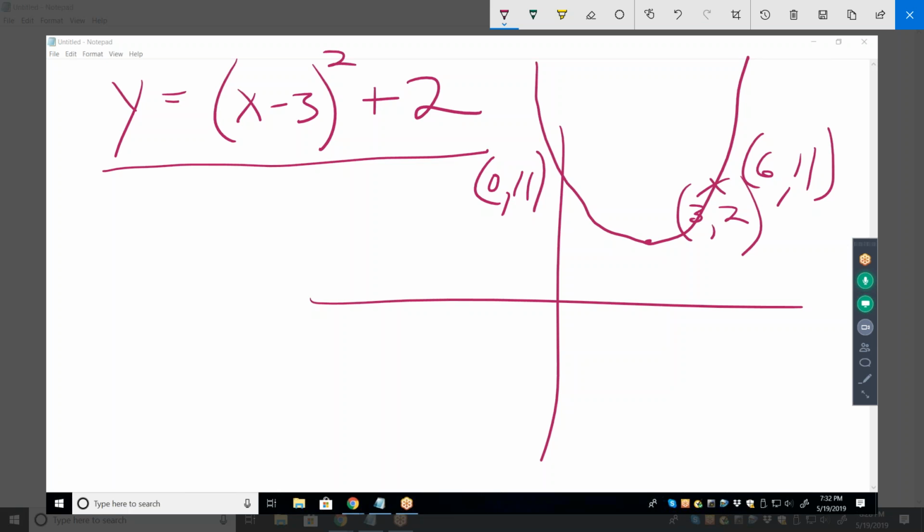You have to plug in 0 for x and figure out what you get, as opposed to standard format, where the last number is the y-intercept. It's real easy when they give it to you in standard format, but of course, figuring out the vertex is a little harder. So my favorite format is probably vertex format, because you get started immediately with your vertex, and then finding the other 2 points is relatively easy also.